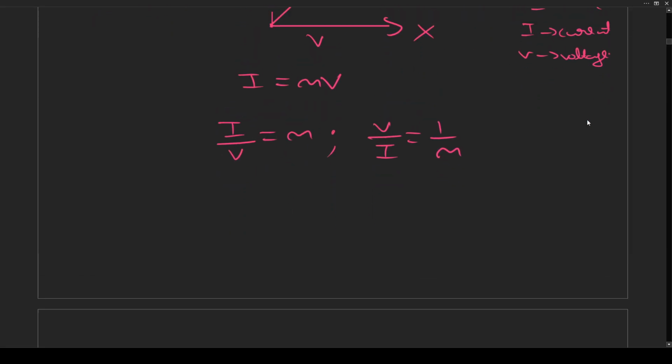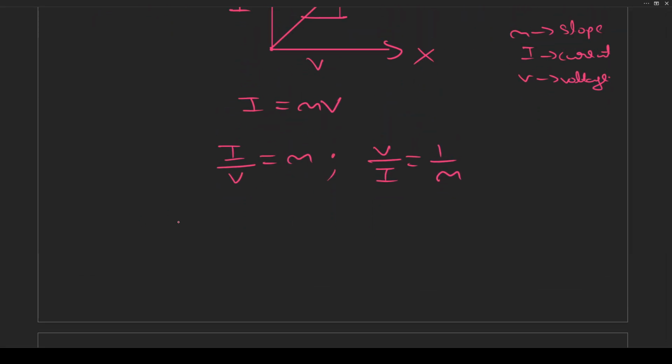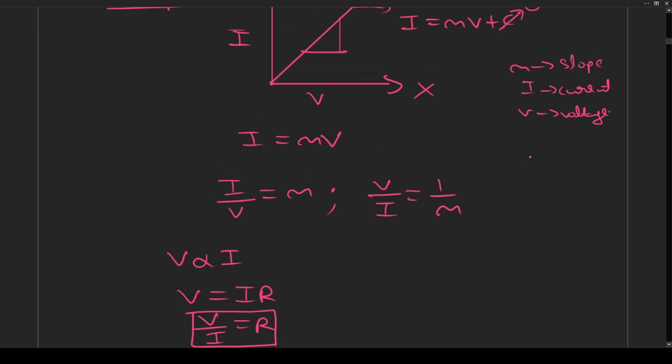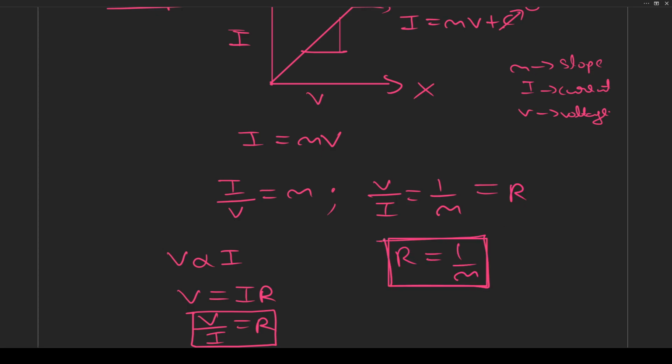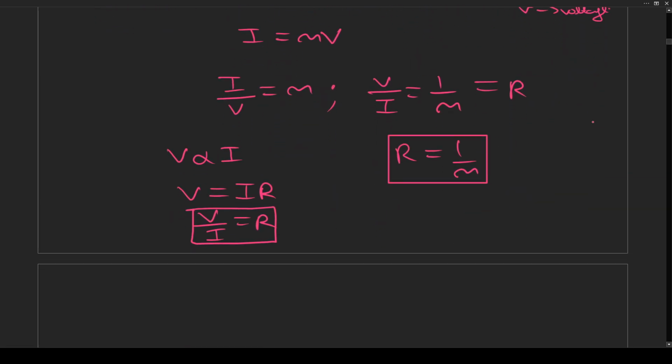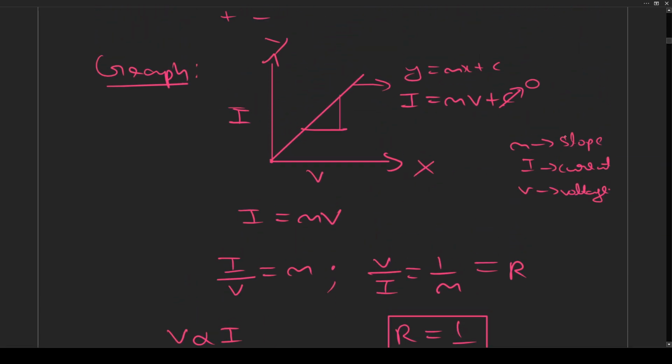Why we need to write it as V by I is, if we remember the Ohm's law states that V is directly proportional to I, which is V equals IR, and V by I equals R. So V by I equals 1 by M equals R. So R equals 1 by M. Okay, that is about the resistance.